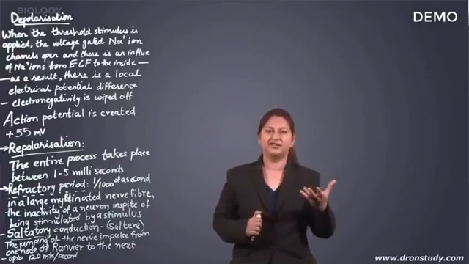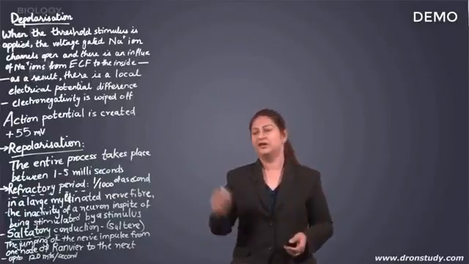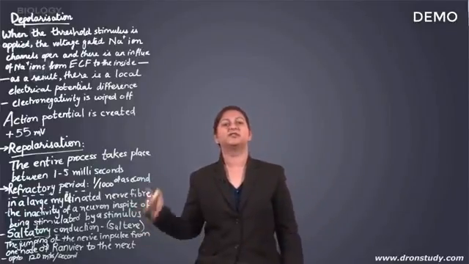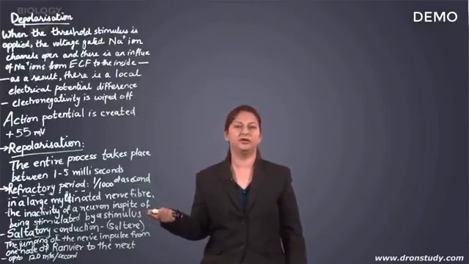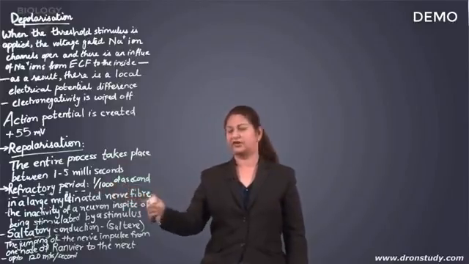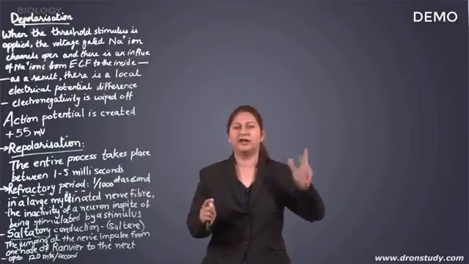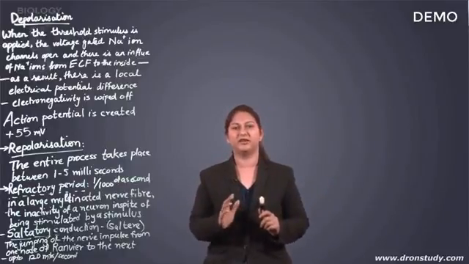And when you talk in terms of the spending of energy by a neuron, the myelinated nerve fibers are much more economical because of this saltatory conduction, hopping conduction, and less energy is wasted.